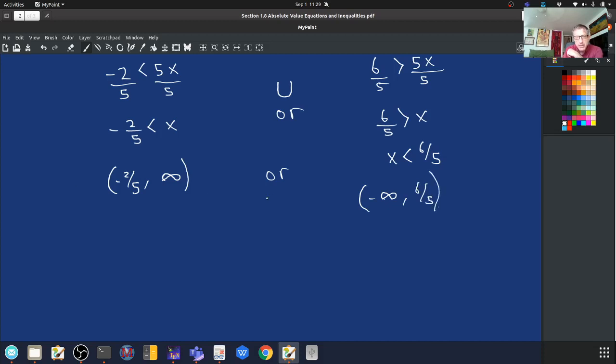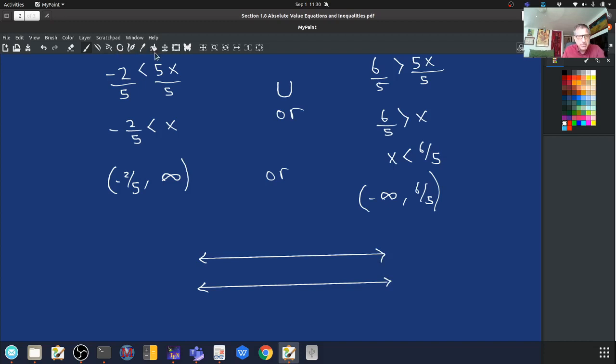So again, this OR translates to the union. I'm going to take the union of these two sets. So we'll just do it visually. Visually is a good way to do it. So I'm going to write one number line, the other number line, and I don't have to worry about where 0 is.